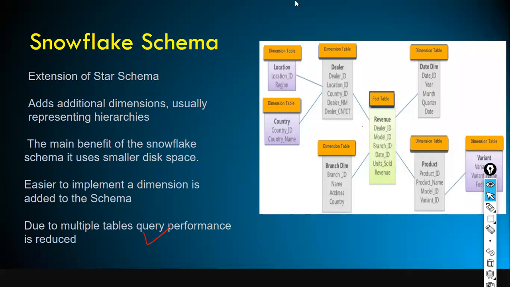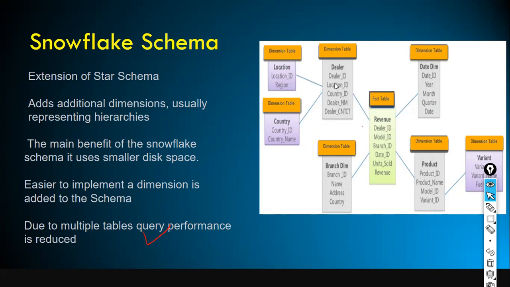So snowflake is an extension of my star schema. Even in the case of snowflake schema, the fact tables are surrounded by dimension tables, but not all the dimension tables are directly linked with your fact table. If you want to use any dimension table to filter your fact table, it should have a direct relationship. But if it has an indirect relationship, you need to navigate to the table which has the direct link with the fact table.